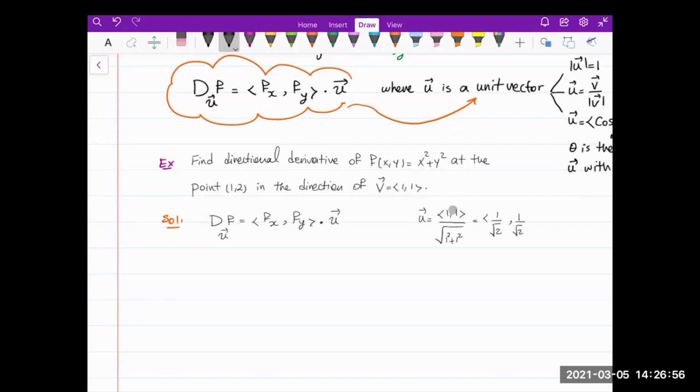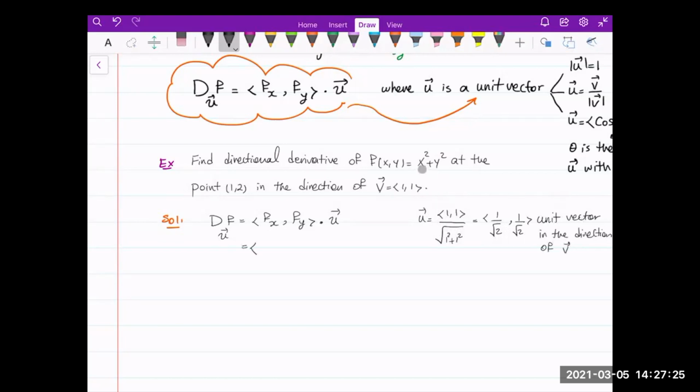Pay attention that this is a vector, this is a number. So 1 over root 2 is getting multiplied by this vector. This is the unit vector in the direction of v.